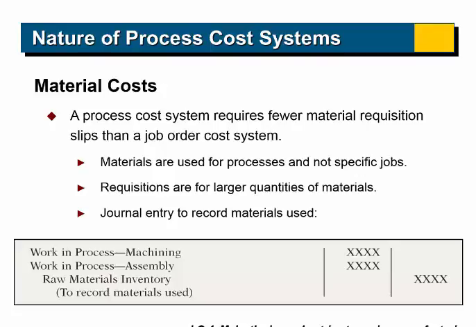And the journal entries look a lot like they did for job costing, but notice that under our example that we're utilizing for Taylor, they have 2 distinct departments, and each one of those gets so much of the raw materials that they needed. So notice we have 2 distinct work in process accounts that are getting raw materials debited into them, and only 1 total is coming out of raw materials to reflect what was taken out and used.